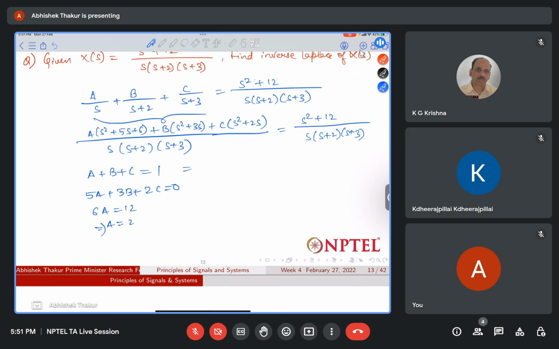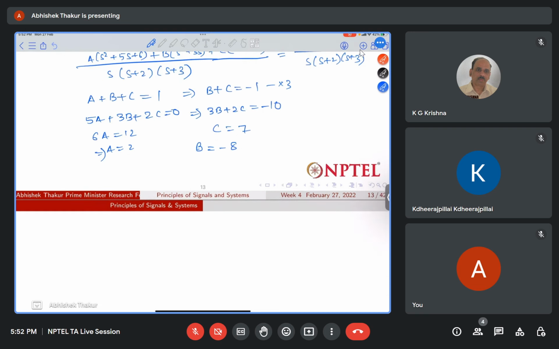Now when we substitute a is equal to 2, we get two equations: b plus c is equal to minus 1, and 3b plus 2c is equal to minus 10. Now we can multiply the above equation with 3 and subtract it. We will get 3c minus 2c, that is c is equal to minus 3 plus 10, that is 7. Now a plus b plus c is 1, so 7 plus 2, b will be minus 8.